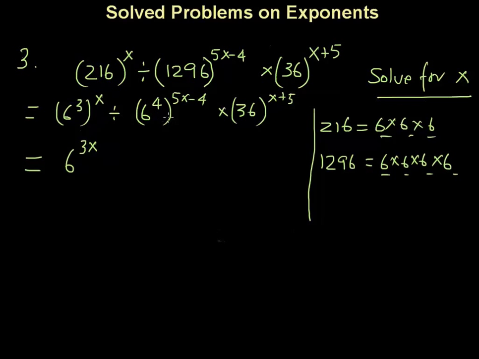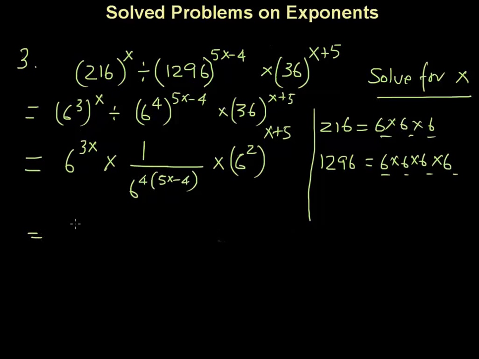And this one, you see that this is division, so division means multiplication: 1 upon 6 to the power 4 multiplied by 5x minus 4. And then I have multiplication of 36 to the power x plus 5, so I can write it as 6 squared and then x plus 5.